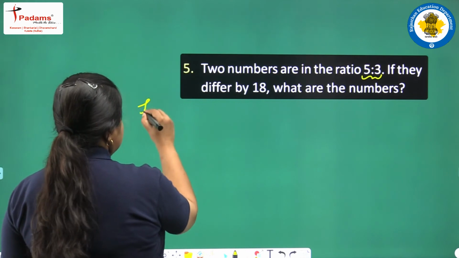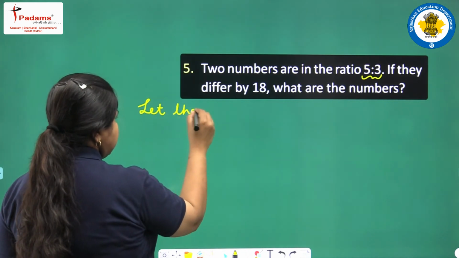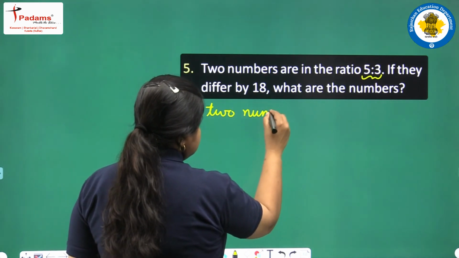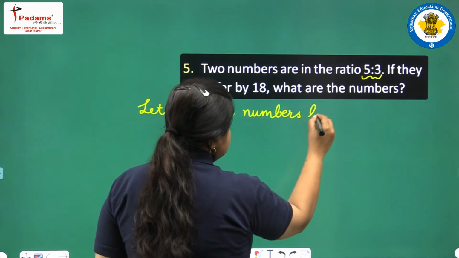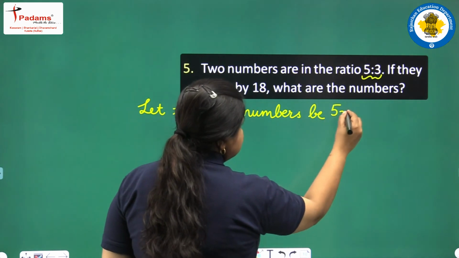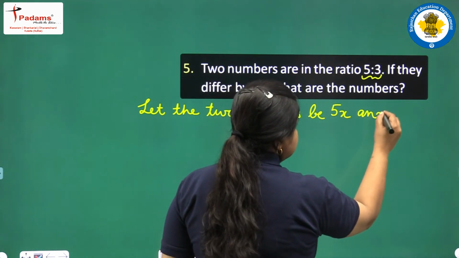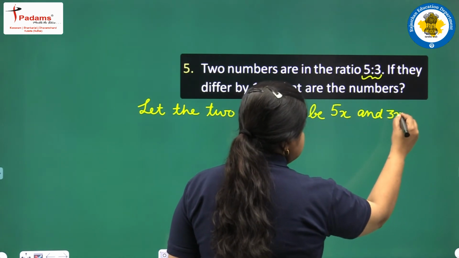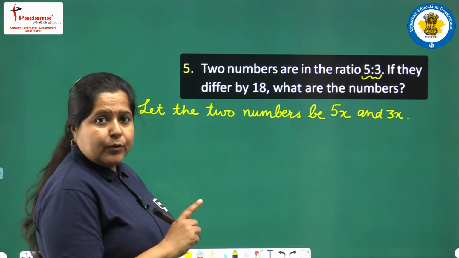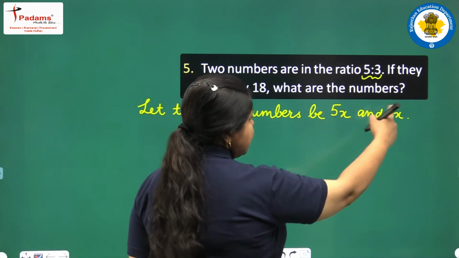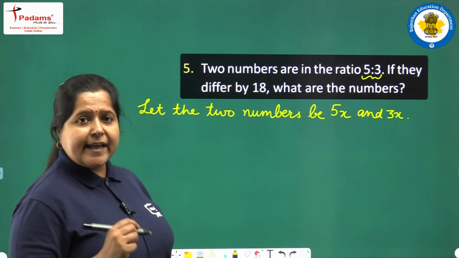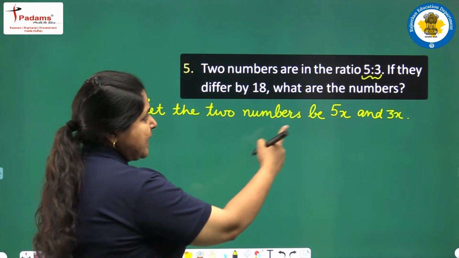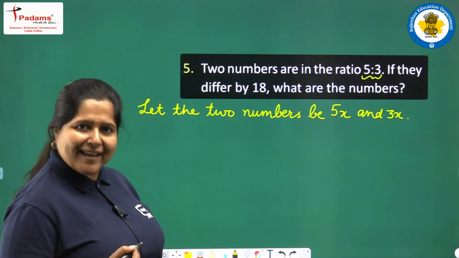So let the two numbers be 5x and 3x. How? I told you earlier also, we can easily cancel x by x and we are left up with 5:3 only. So we can multiply both the numbers by a number, say x.